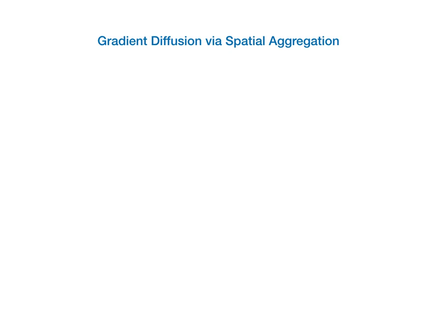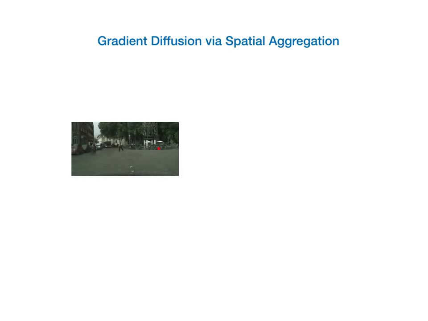Specifically, with respect to the reference pixel, we aggregate the features from all the pixels in the same image. The weight of each feature is determined by its similarity with the reference pixel.